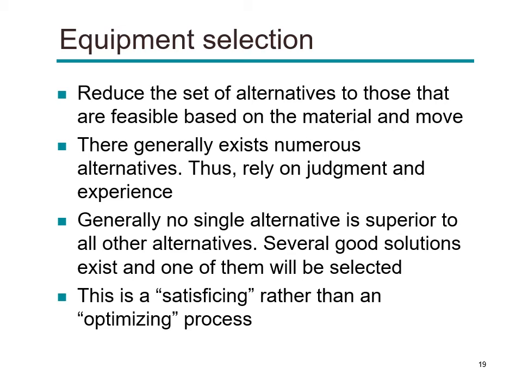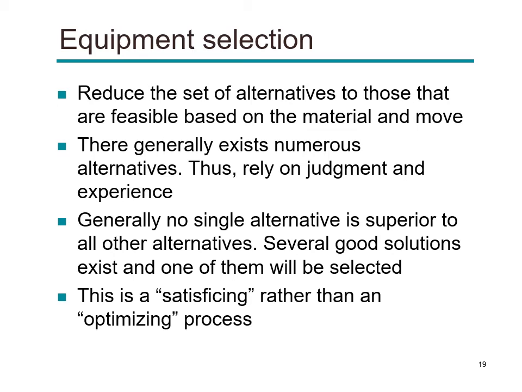Then how do we select the equipment? There are a lot of different alternatives of these equipments for transportation, for unitizing, for data collection. When you consider all possible combinations of these, there will be a huge amount of alternative solutions. And how will you select the best one?